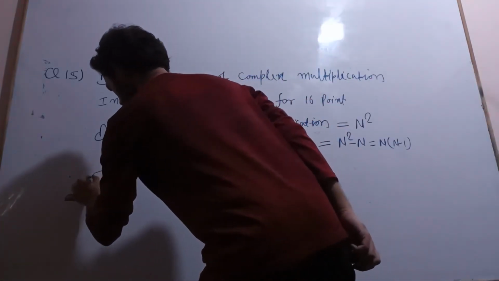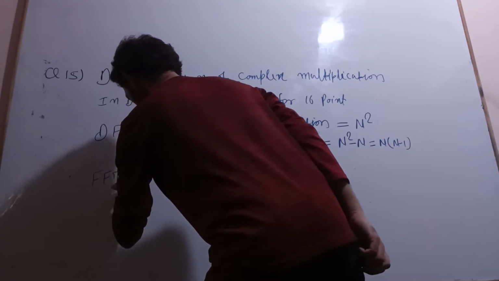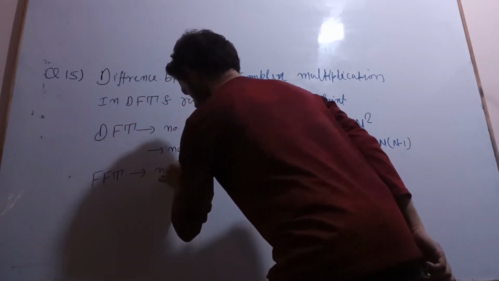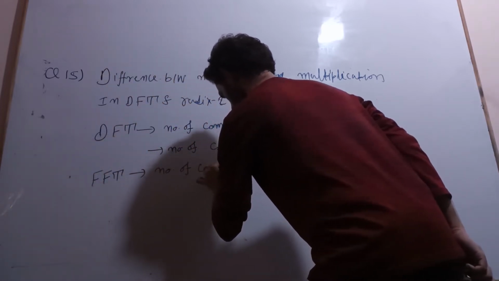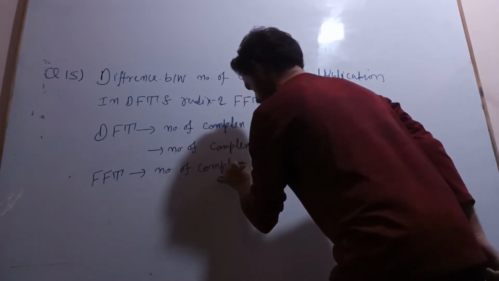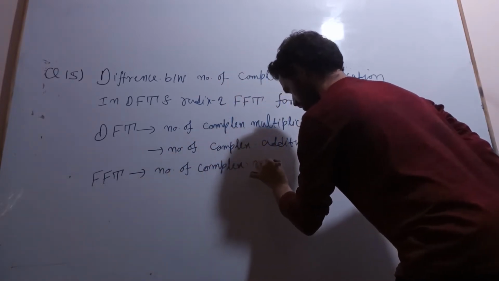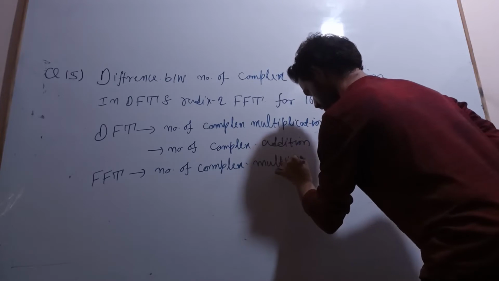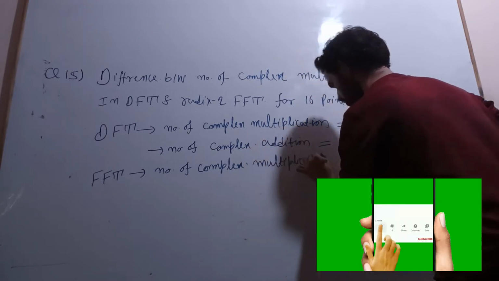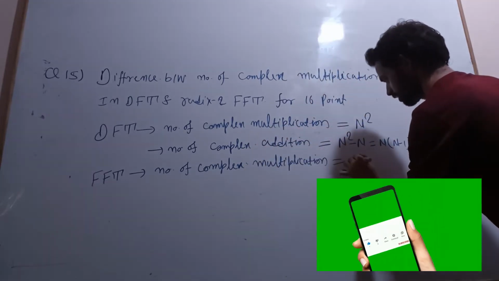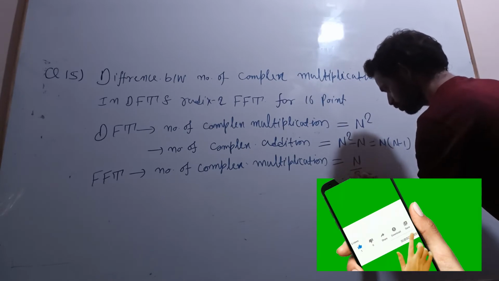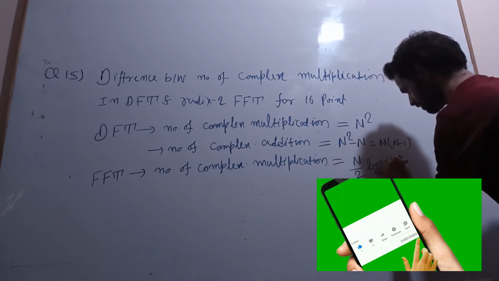Similarly for FFT, the number of complex multiplications is equal to n by 2 log base 2 n.